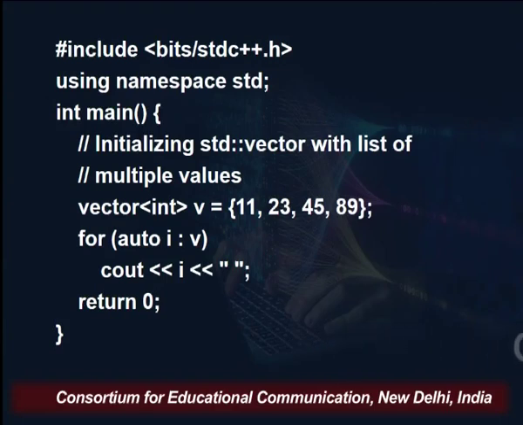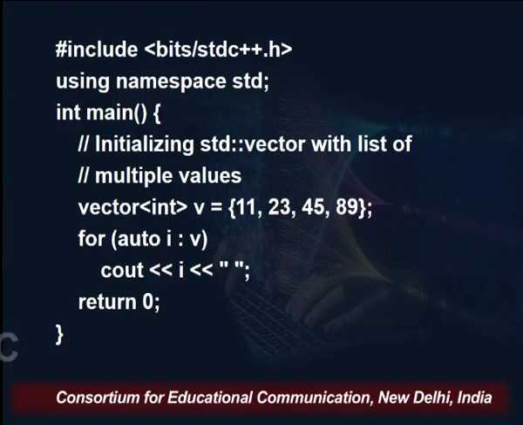So #include <bits/stdc++.h>. The significance of this particular inclusion statement I have already told you earlier. Then using namespace std is there, and within main the first executable statement is vector<int> v, and we have given an initializer list which is 11, 23, 45, 89.